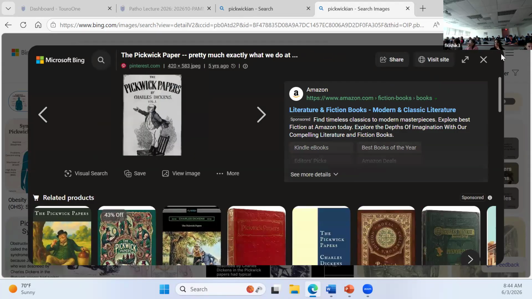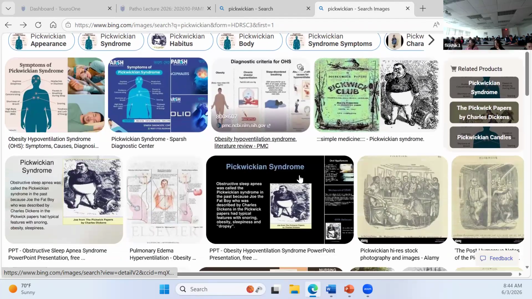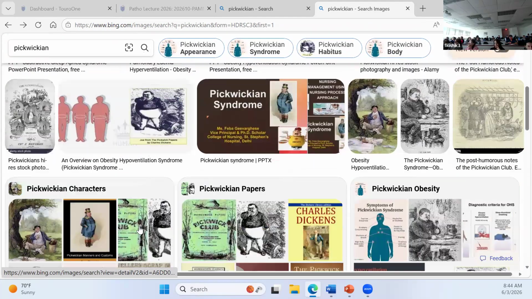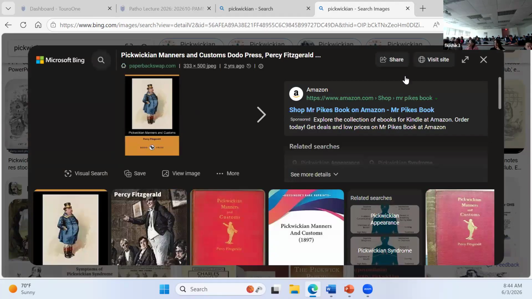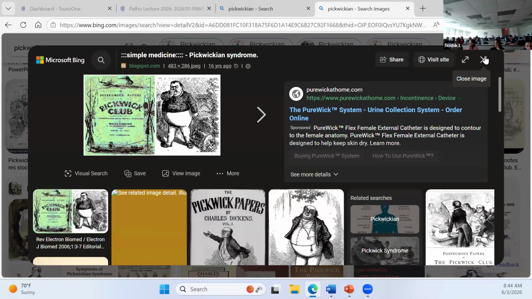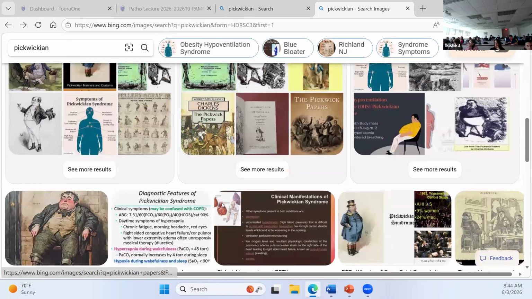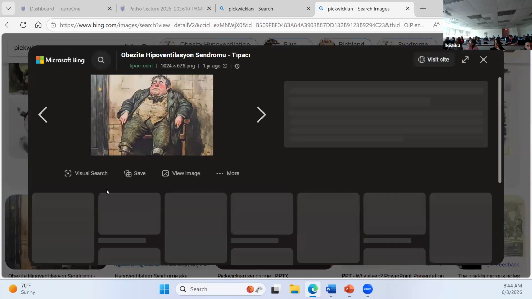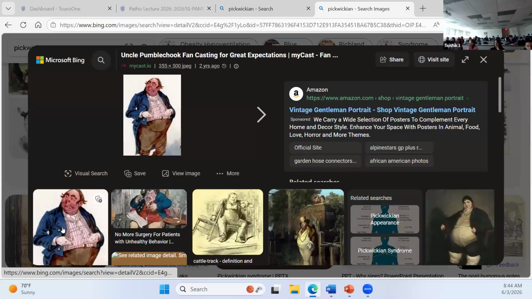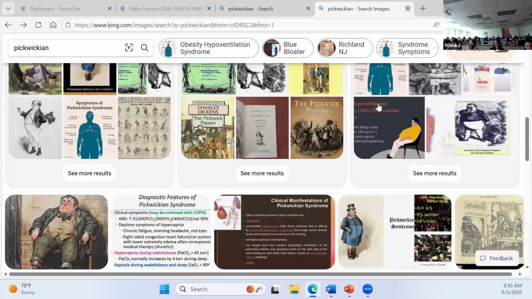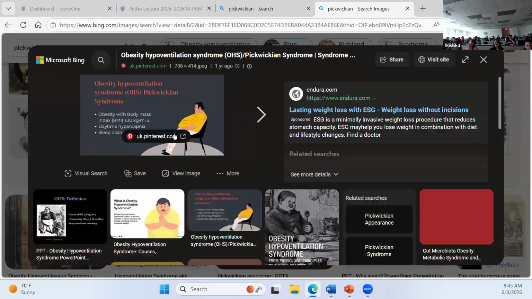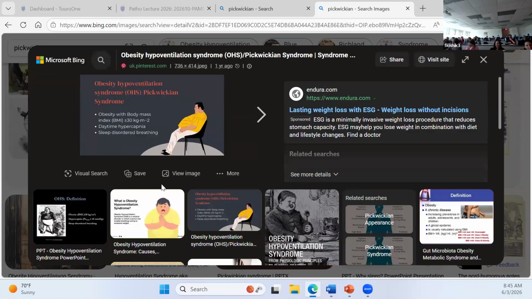The Pickwick Papers. So it's typically your old British man. This is Pickwickian. Oh, that's really small. Man, these are all tiny. But you get the gist. This guy, that's Pickwickian. And this guy, Uncle Pumblechook. And another guy. Pickwickian. They're just all belly.